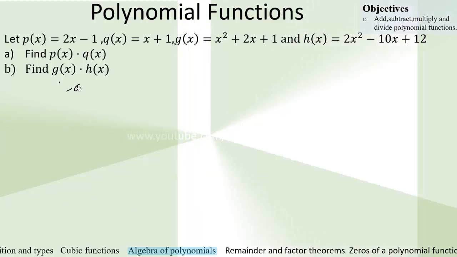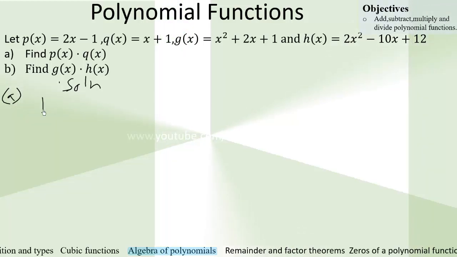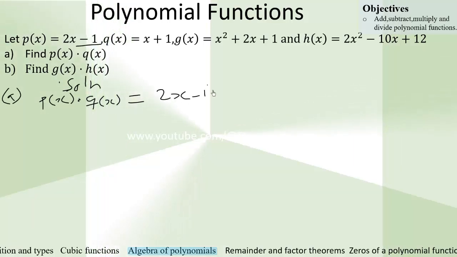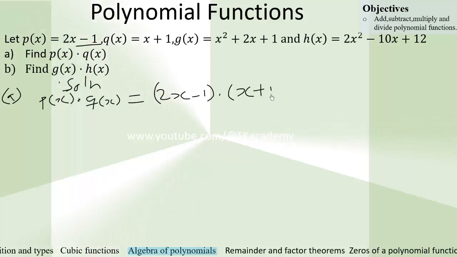So the a part, p of x times q of x will be equal to p of x is 2x minus 1 times x plus 1.